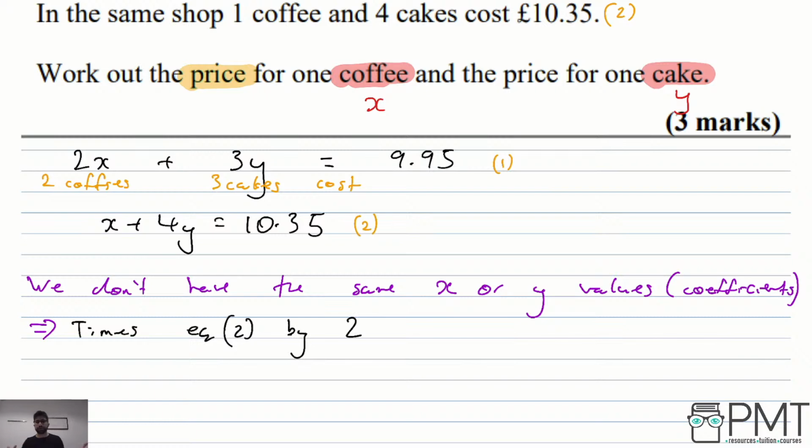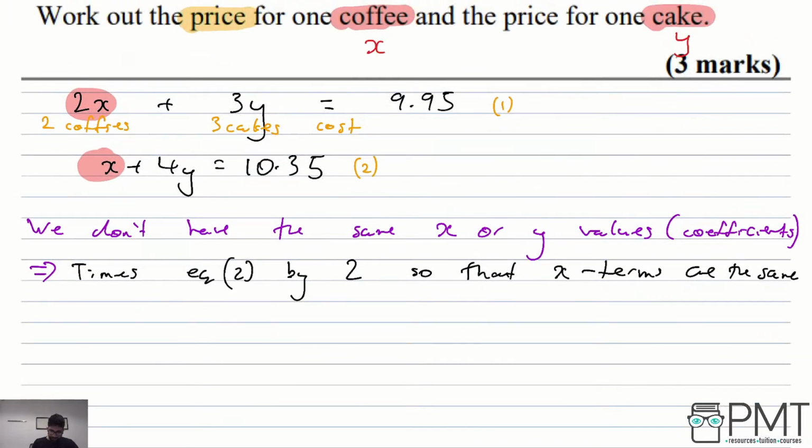by 2. So how do I know it's by 2? Well, because we have got a 2x there, whereas this is just a single x. I want to make them the same, so that the x terms are the same. Okay, so the first one I'm not going to change. That's 1, 2x plus 3y equals 9.95.